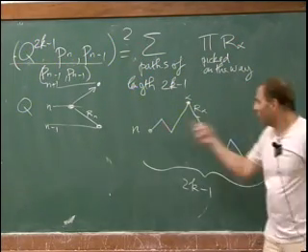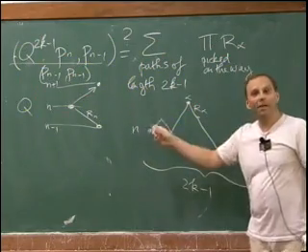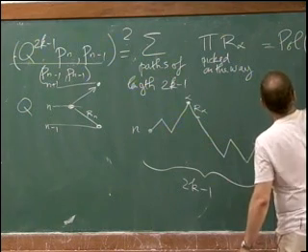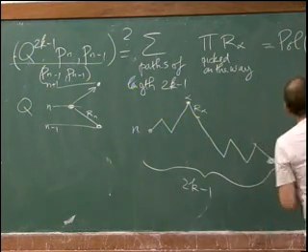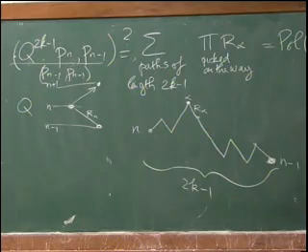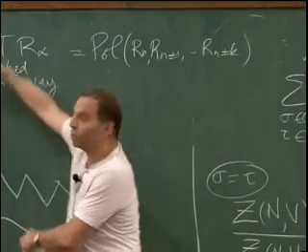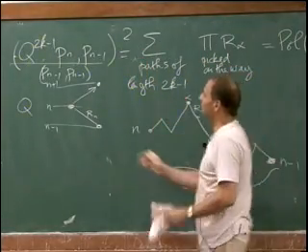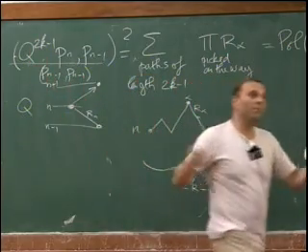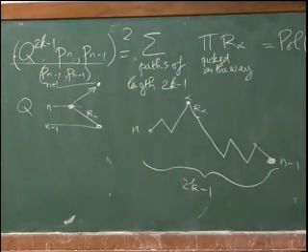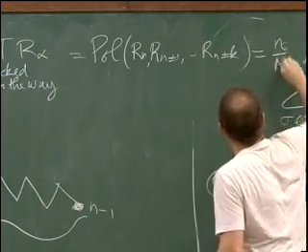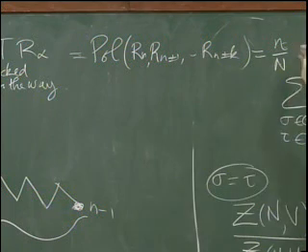So you see the property is that this is a polynomial of Rn plus or minus 1, etc., up to, let's say, Rn plus or minus k, depending on how far you can go. And how far you can go is, roughly speaking, k, because you must make 2k minus 1 steps and be able to come back. So this is what you get. So this is the explicit equation you get. A certain polynomial of Rn, etc., up to Rn plus or minus k is equal to n over N.